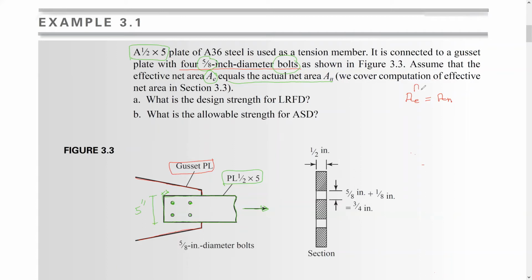In reality, the effective net area is equal to U times the net area, but in this case we assume U is equal to 1. So what is the design strength? In part A, we need the design strength, which is the nominal strength times phi, for the LRFD method. In part B, we need to find the allowable strength for the ASD method, which is the same concept as the design strength, but with a different way of calculating it.